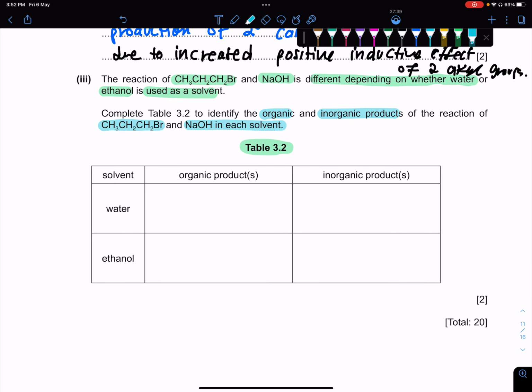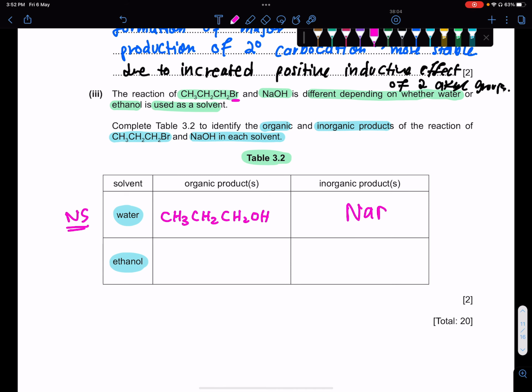We're adding NaOH to the 1-bromopropane, and the solvent we're using is either water or ethanol. Whenever we're using water, the organic product is going to be the corresponding alcohol, CH3CH2CH2OH, a nucleophilic substitution reaction. Instead of Br, OH comes there, and the inorganic product is Na reacting with the Br, NaBr, easy.